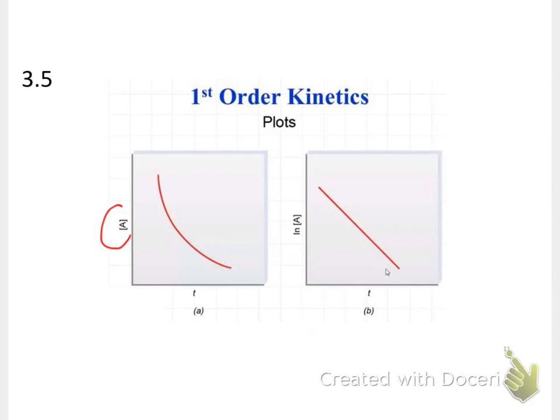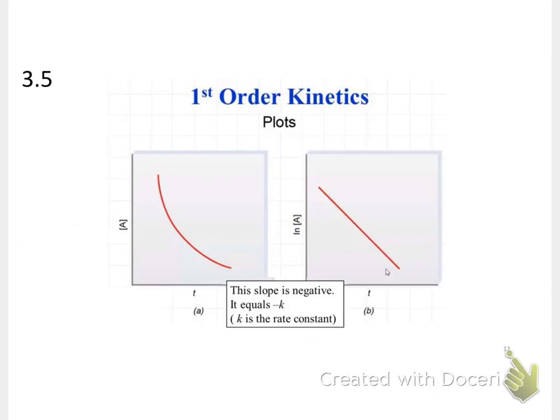Okay, so if I plot just concentration versus time, I get this exponential decay graph. But if I plot the log of A, I get the straight line. Okay? The slope is negative, and it's equal to negative k. And k is the rate constant.